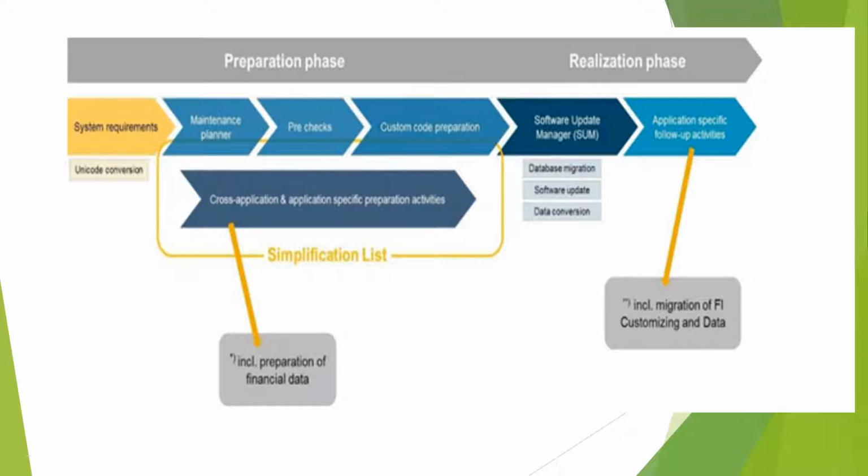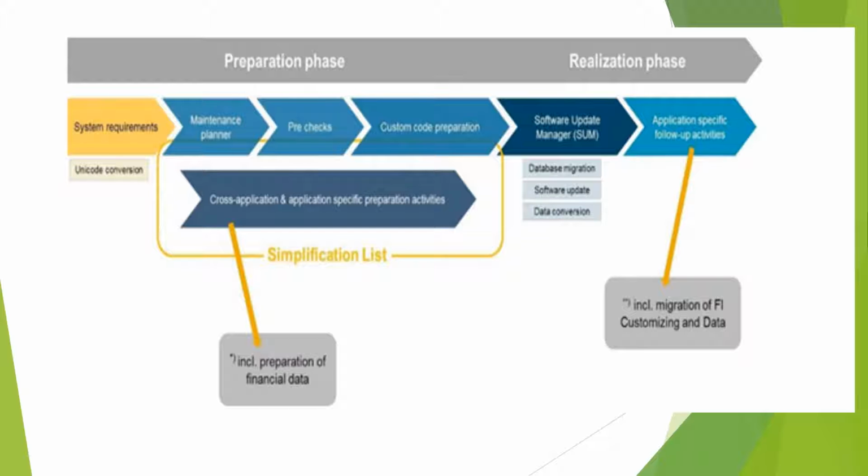The first step is the system requirement, then the maintenance planner, then pre-checks and custom code preparation as the fourth step, then software update management SUM, and then application specific follow-up activities. So these are the six different phases or activities available.